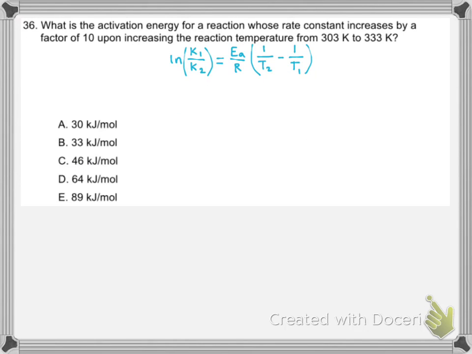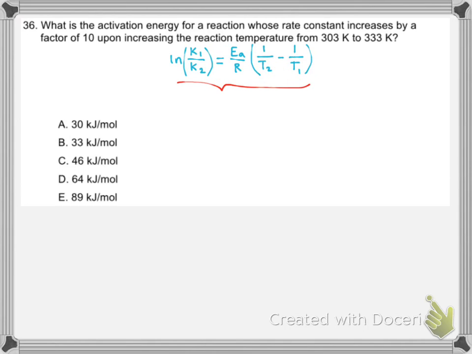Anytime you have a problem where you're relating rates at different temperatures, you're going to be using this form of the Arrhenius equation, because this one has 2 different temperatures. And what it does is it tells us how many times faster a reaction is at temperature 1 than at temperature 2. Okay, because K is directly proportional to the rate.